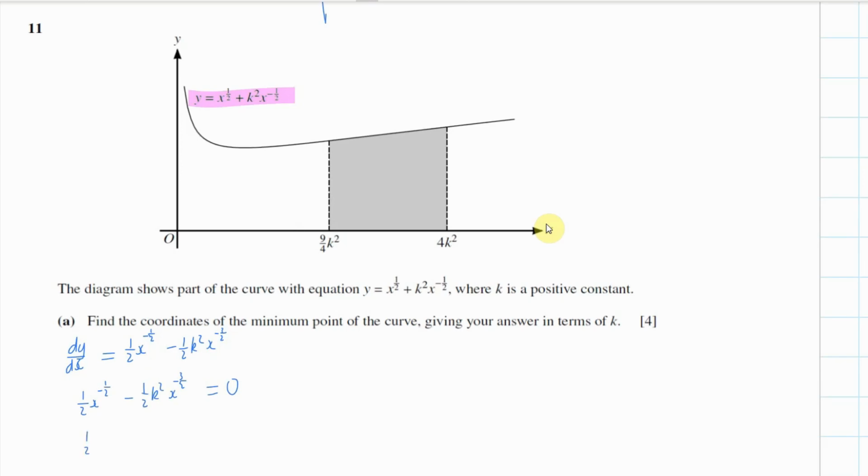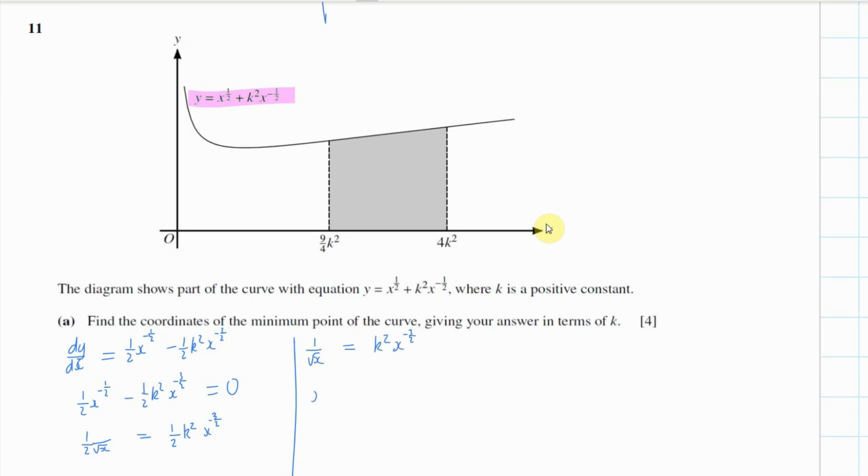I'm going to rewrite it like this, and then I'll pull that k squared one across the other side, so I get k squared x to the power of negative 3/2. I'm going to times both sides by 2, so I'll get 1 over square root x equals k squared x to the negative 3/2.